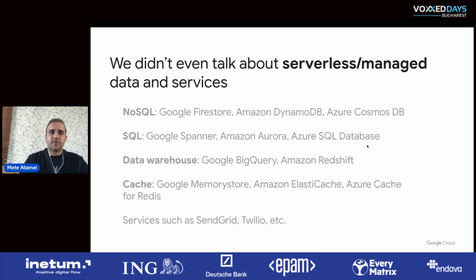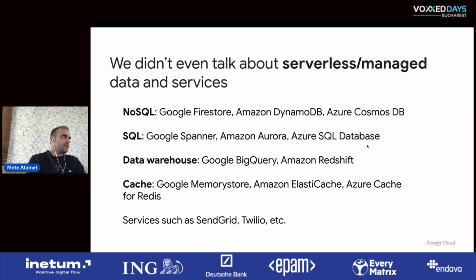So I think they're in a much better state now. And I didn't even talk about other services around serverless, right? All this stuff that we talked about is about running your code in a serverless way, and then combining them in a serverless way. But in the data layer, if you want to run a NoSQL database, for example, there's serverless Google Firestore or Amazon DynamoDB, or on SQL, there's Spanner and other SQL databases from Azure, which is not fully serverless, but it's fully managed, so it's close to serverless.